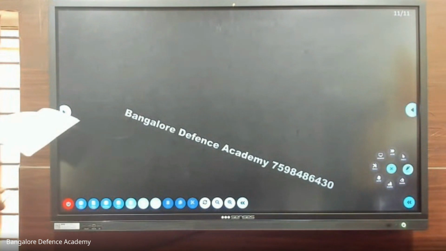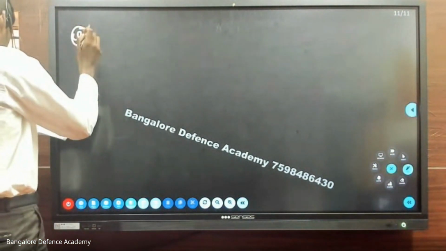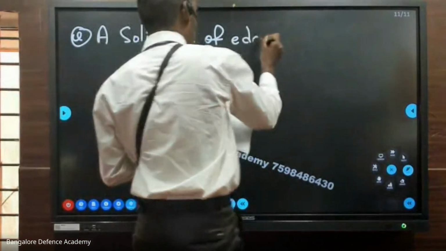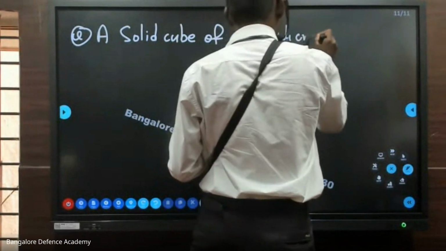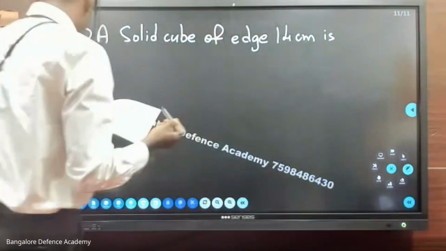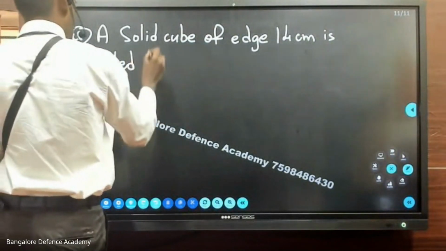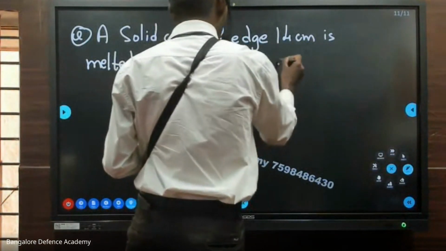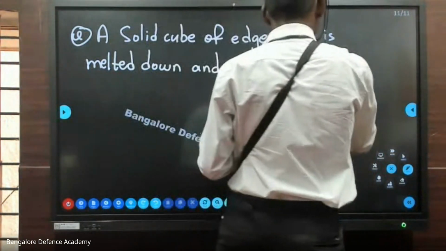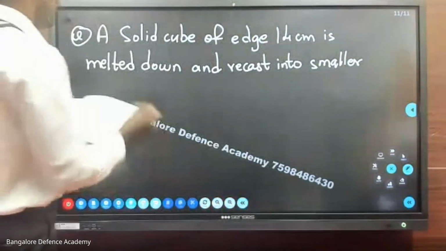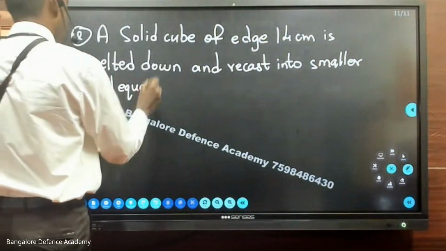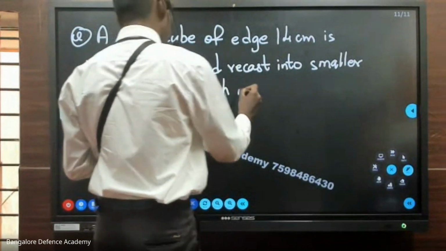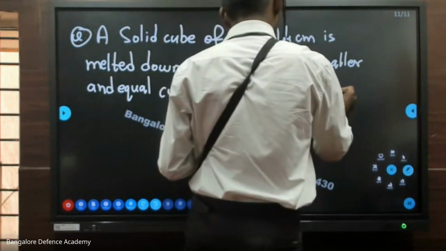Next, write down. A solid cube of edge 14 centimeter is melted down and recast into smaller and equal cubes, each of edge 2 centimeter.